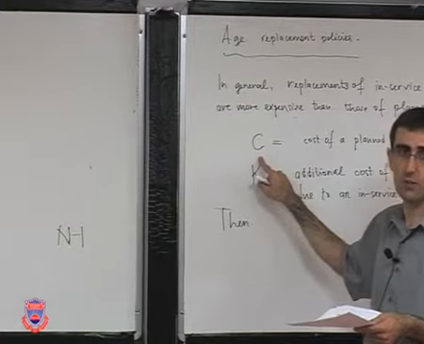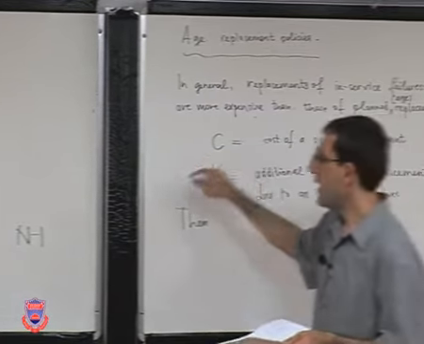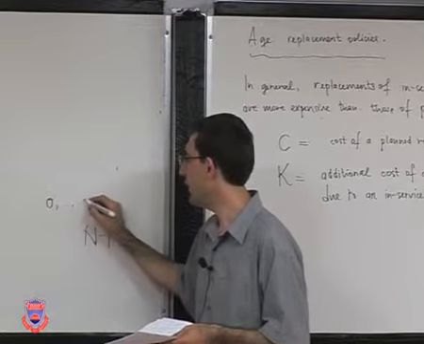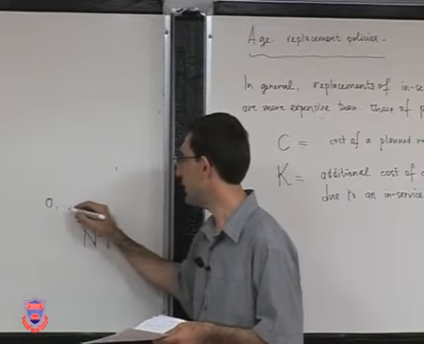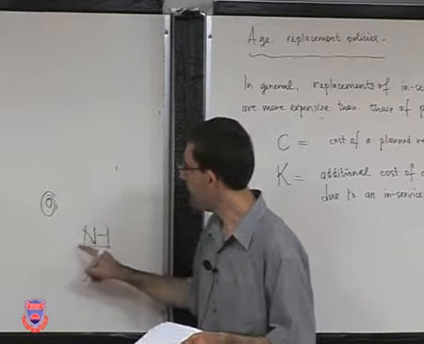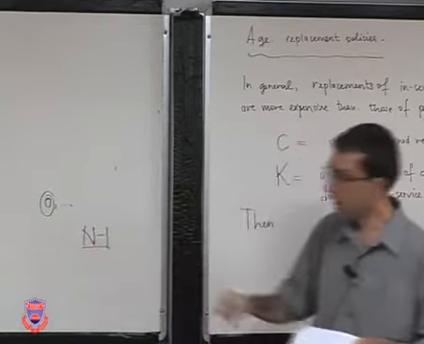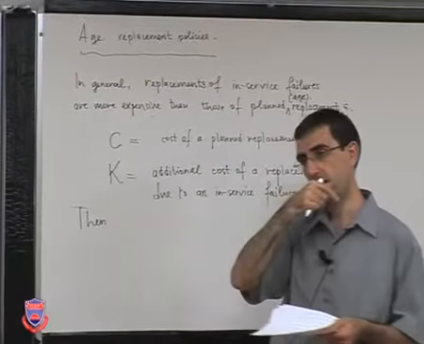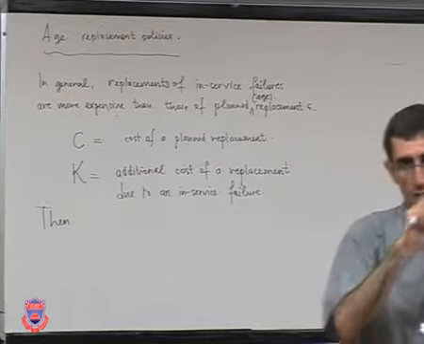You expected this would happen to you. Every time a failure happens while the system was coming to this state from any other state, you will pay C plus K, the additional K units. So we have the cost structure.